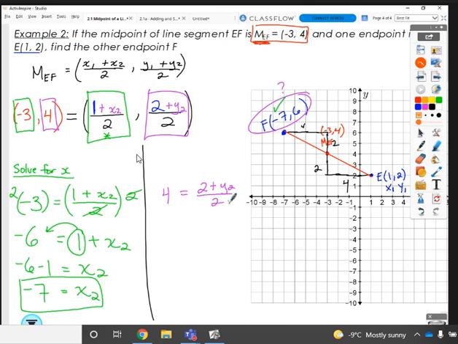And the same idea, we solve this the same way we solved the first one: get rid of the denominator by multiplying each side by 2. On the right side, we just have 2 plus y2. On the left side, we now have 8. Bring this 2 over, it becomes minus 2. Eight minus 2 is just 6.